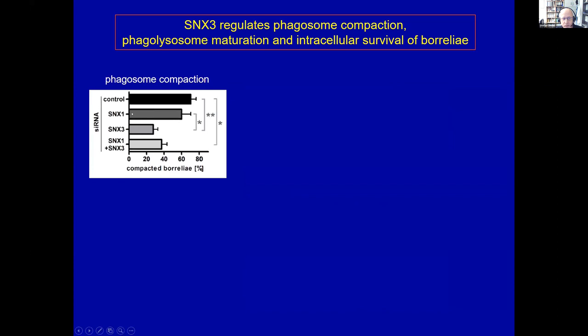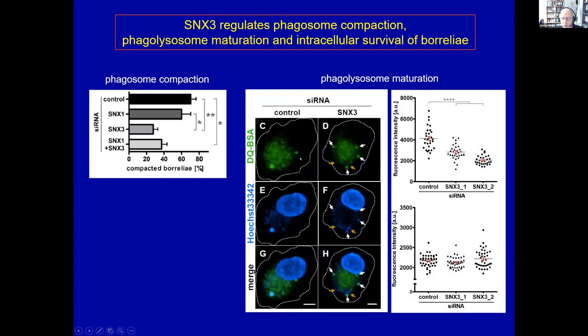And interestingly, the one that we suspected would be the most important one, SNX1, which contains this membrane curvature inducing BAR domain, was not effective at all, not singly and not in combination with SNX3. So SNX3 is actually the sorting nexin that is most important, at least from the ones that we tested, for Borrelia compaction. And again, you already know now this DQ, this dequenched BSA assay.